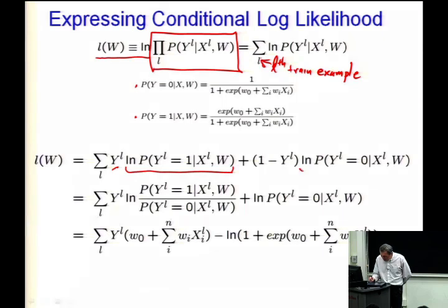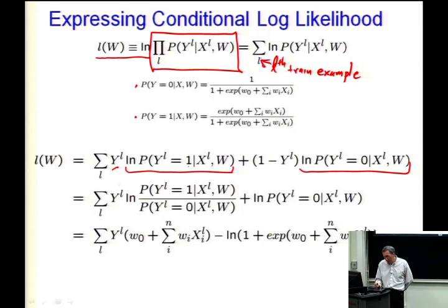In the case where Y equals 0, it's, of course, going to be this quantity. In the case where Y equals 1, it's just the log of the probability that Y equals 1 given X. In the case where Y equals 0, it's going to be this.